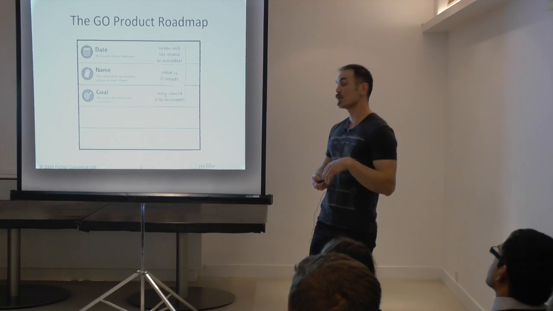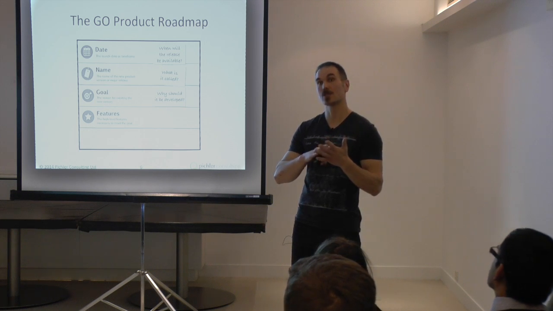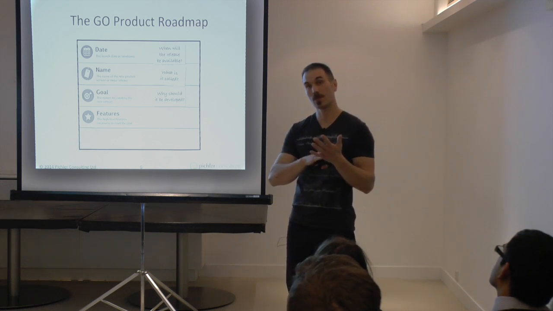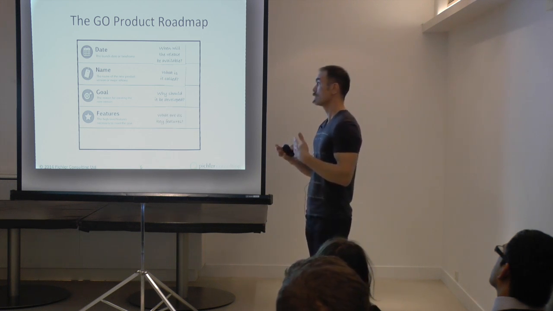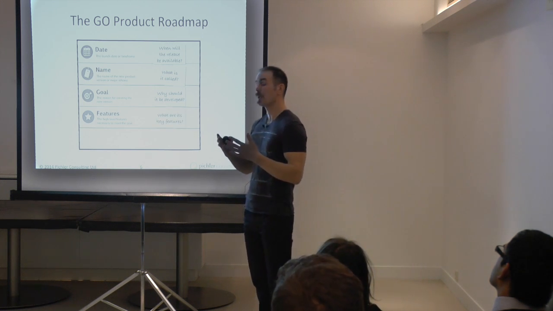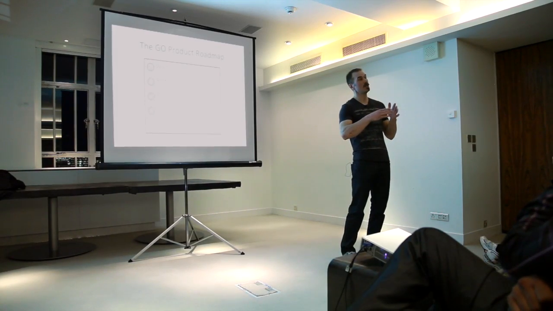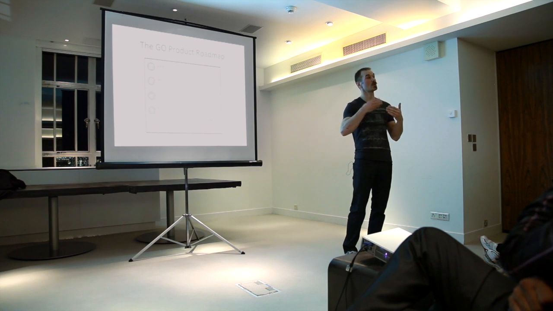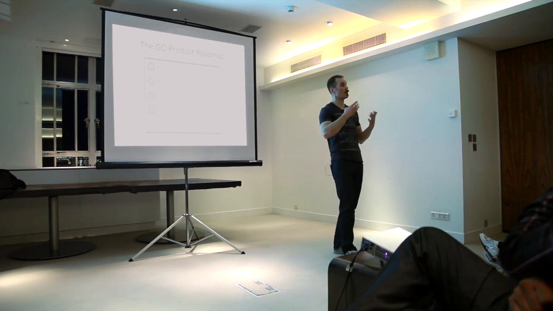And then based on the goal, we can identify the key features that we believe are necessary in order to meet the goal. What is required, what do we need to do? But I'd like to point out the big difference from a traditional roadmap is that the features serve the goal, they're there to meet the goal, and they should be derived from the goal.